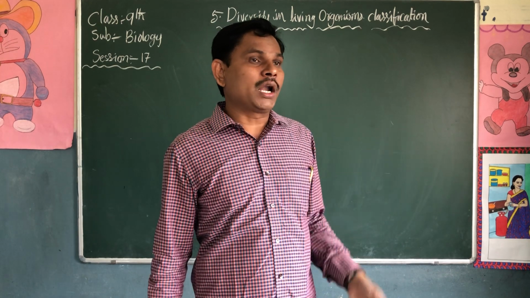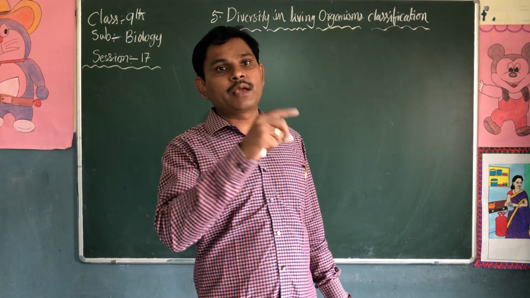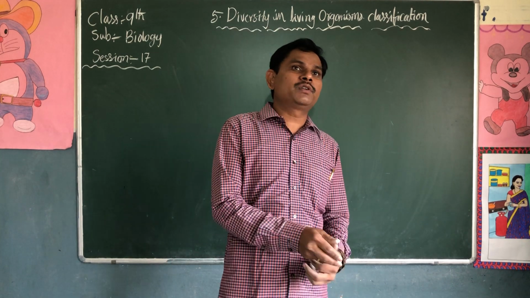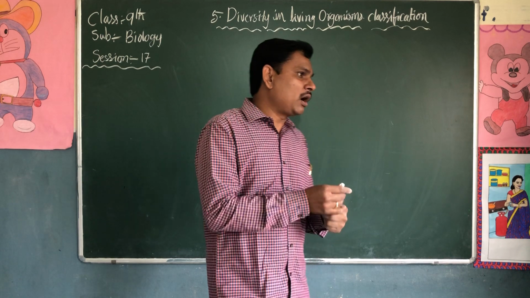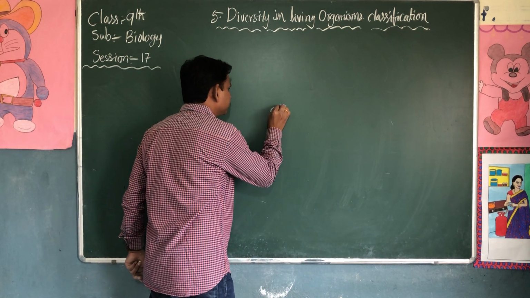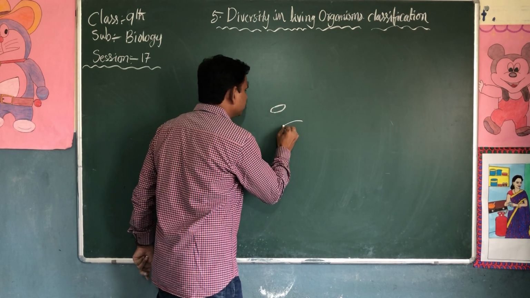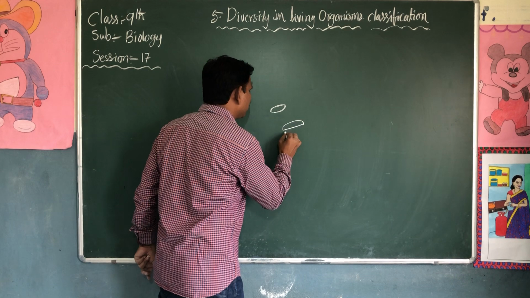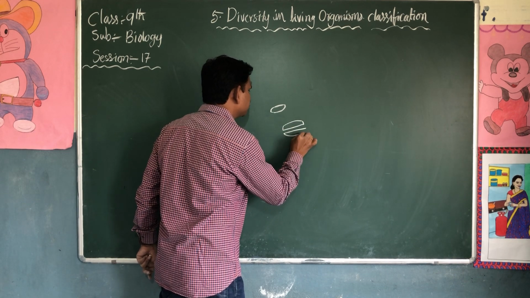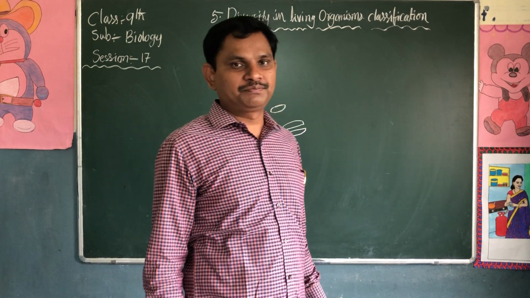Whether they are monocotyledons or dicotyledons, we can see different types of seeds. For example, take groundnut. It is not round. When you break the groundnut, you can see exactly two equal halves.